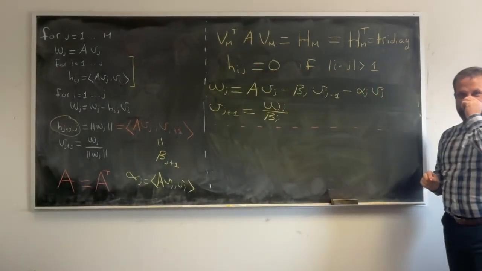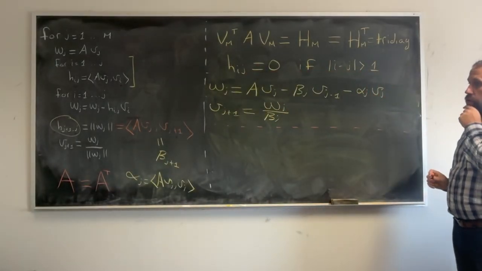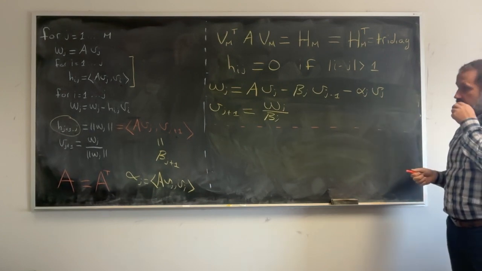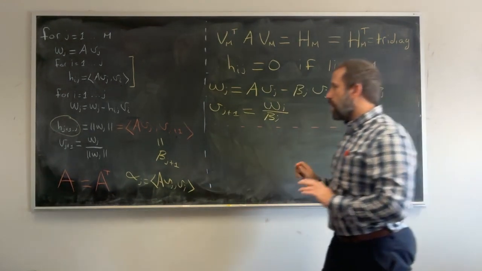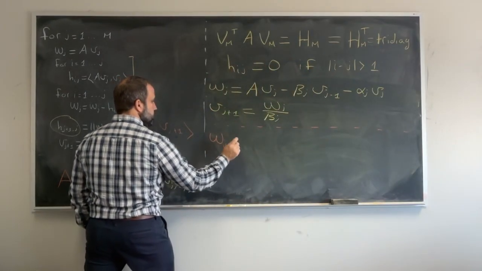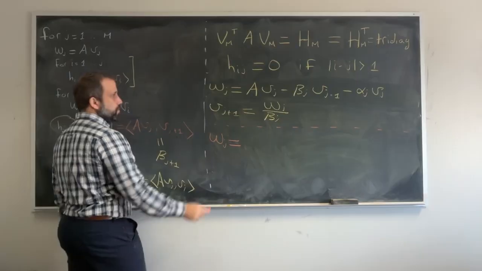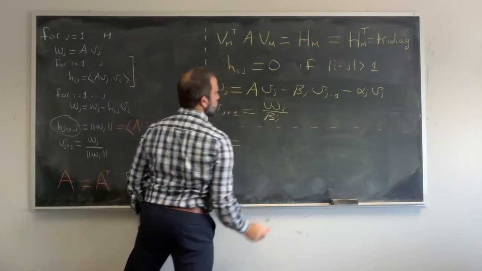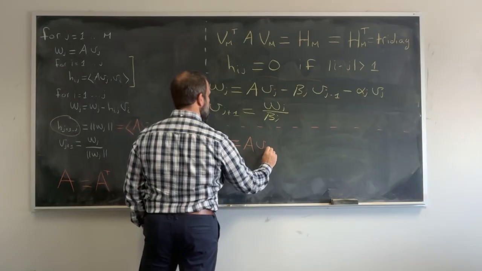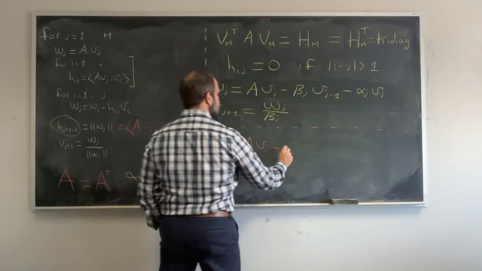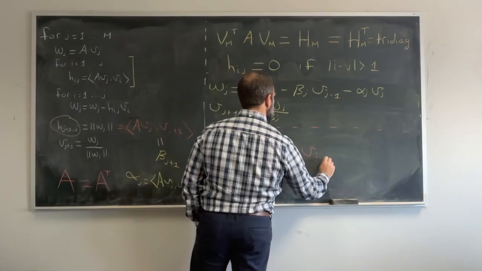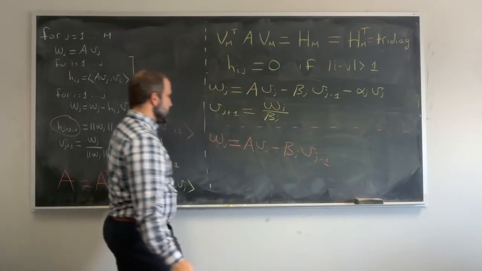Now, the modified Lanczos algorithm doesn't typically express it like this. Typically, how it gets expressed is the following: Wj is going to be equal to these first two terms right there. So Wj is going to be equal to A Vj minus beta j Vj minus 1.